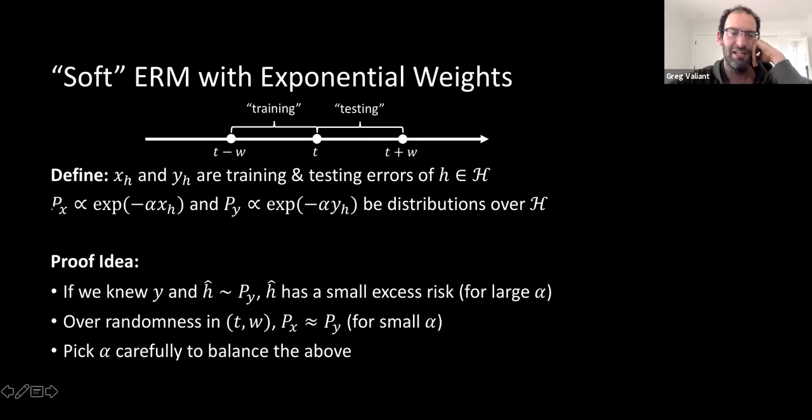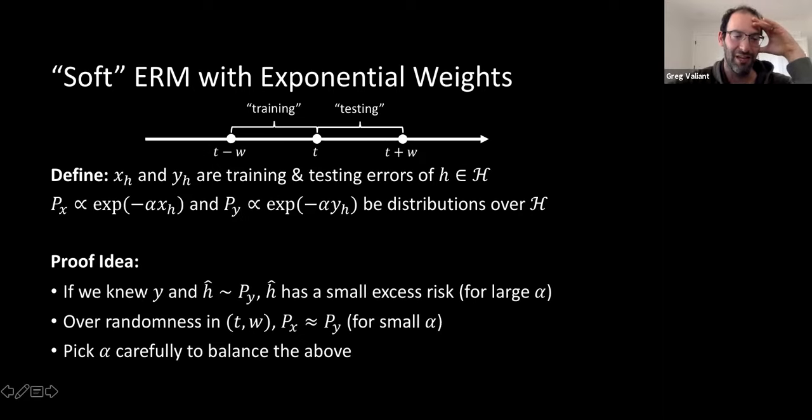So think of P sub x as this exponentially weighted distribution over your different hypotheses based on the performance on the training set, namely the previous W time steps. P sub y is the corresponding distribution over the values in the next W time steps. Of course, we don't know P sub y until after the game's ended.